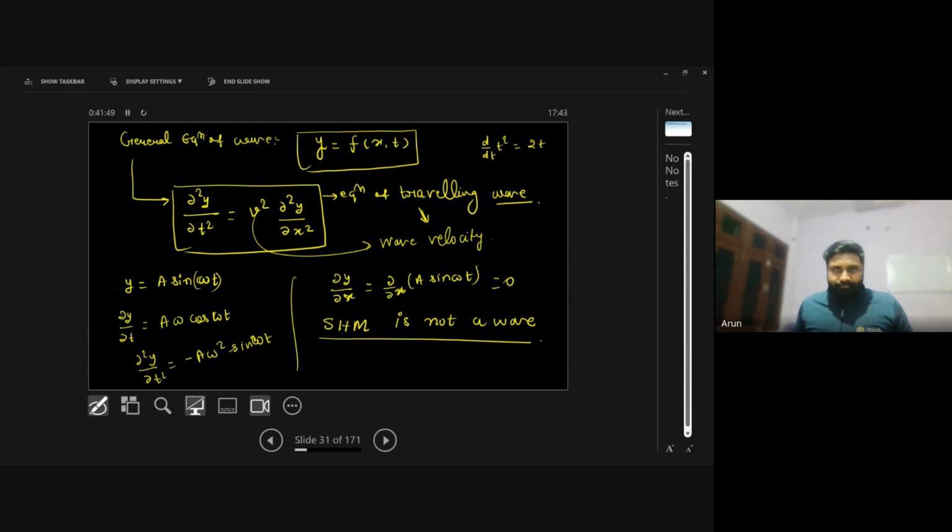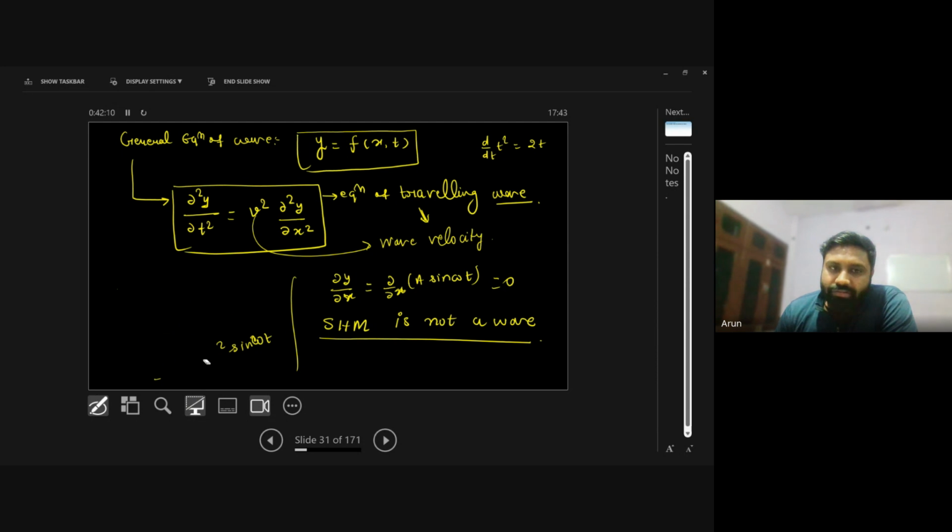Got it? Now, one question that may be arising in your mind is that every time we need to differentiate like this, and that will be a hectic process. So let me tell you a trick to find out which function belongs to a wave and which function does not belong to a wave.